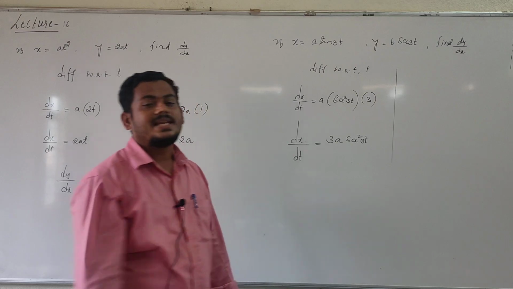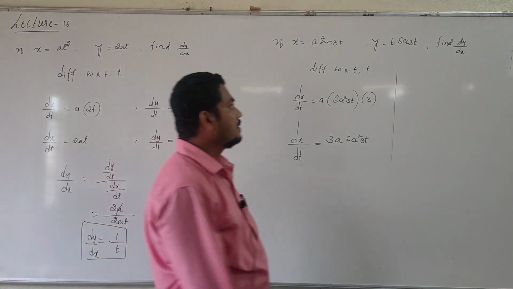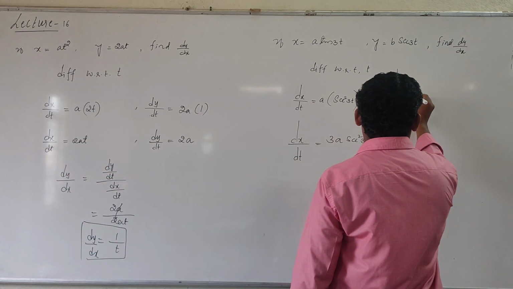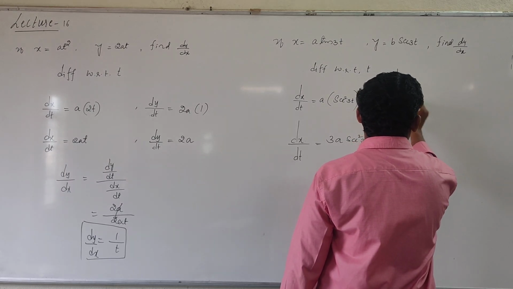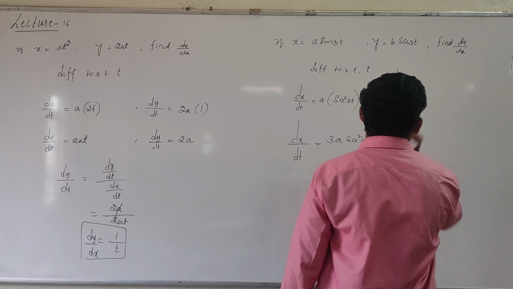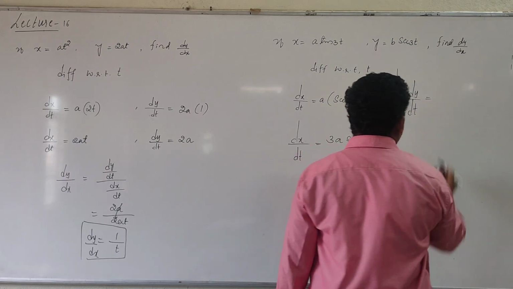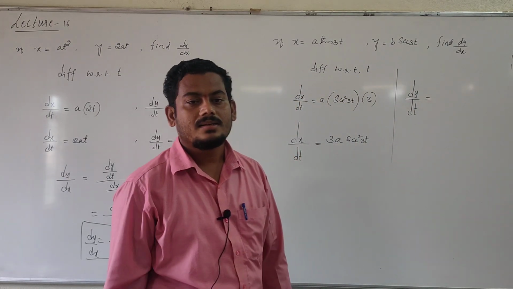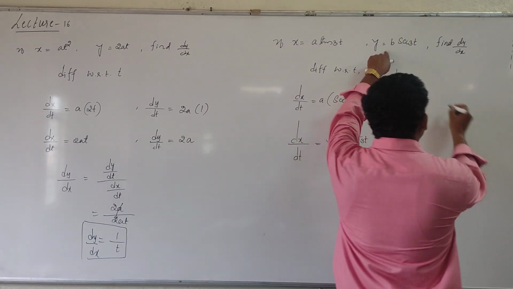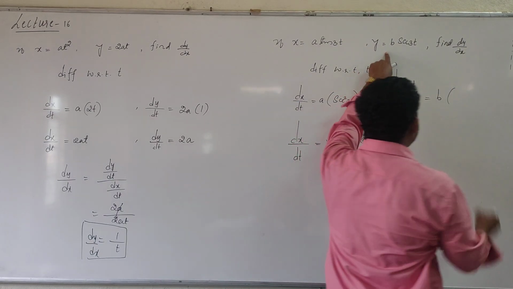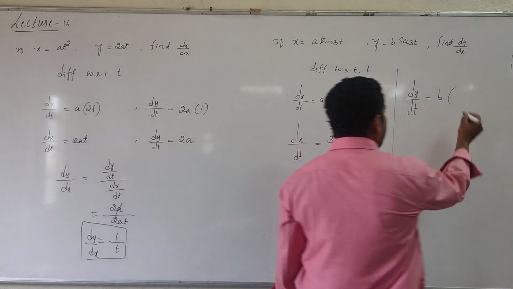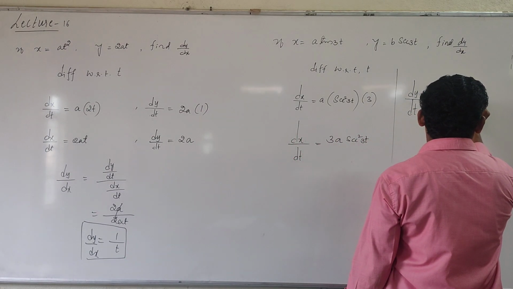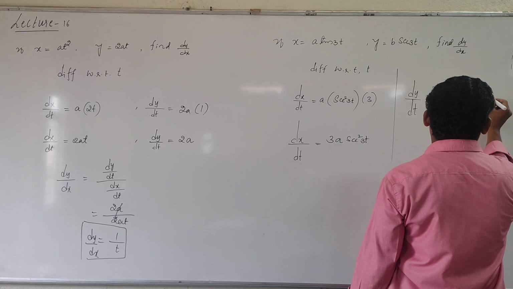Similarly, differentiate y with respect to t. dy by dt is equal to, what is dy by dt? b constant as it is. Secant 3t, secant differentiation is secant into tan, right? Secant 3t into tan 3t.